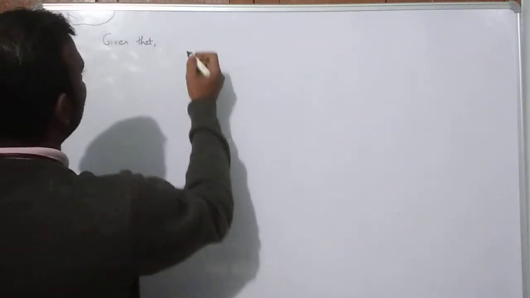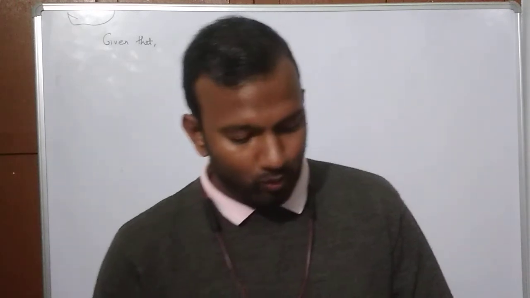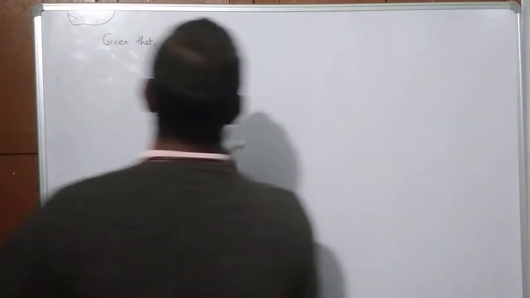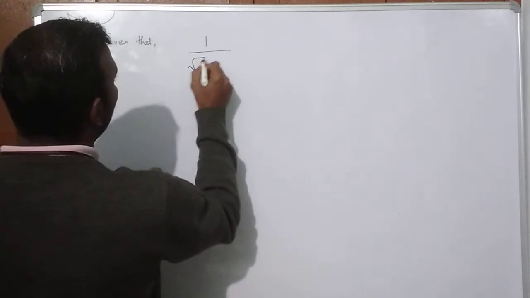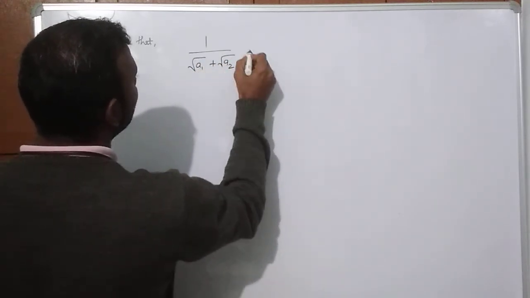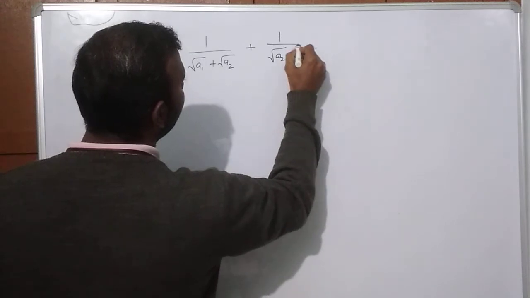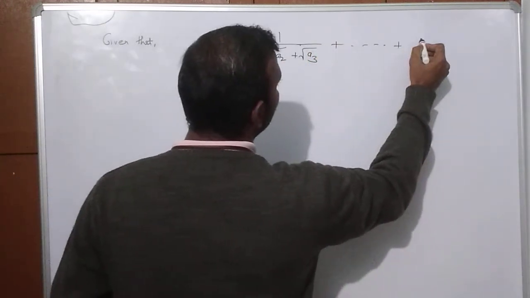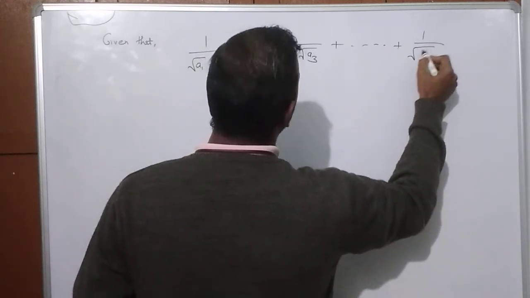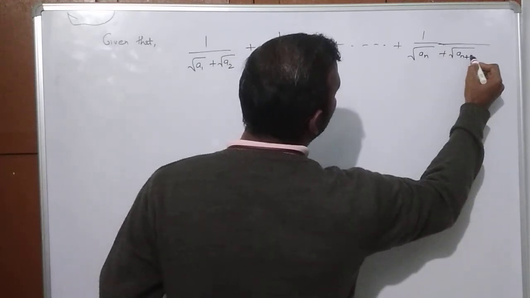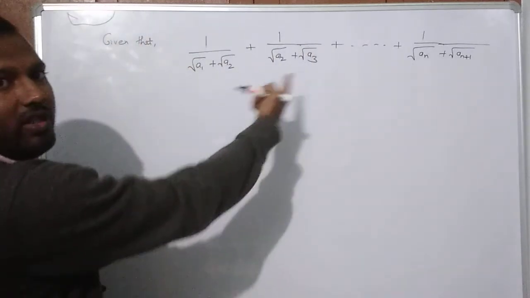It states that if A1, A2, A3, A4 and so on are in AP, then we have to find the value of, I am writing it down, 1 upon under root A1 plus under root A2, plus 1 upon under root A2 plus under root A3, plus so on, plus 1 upon under root An plus under root An plus 1. So we have to find the value of this expression.